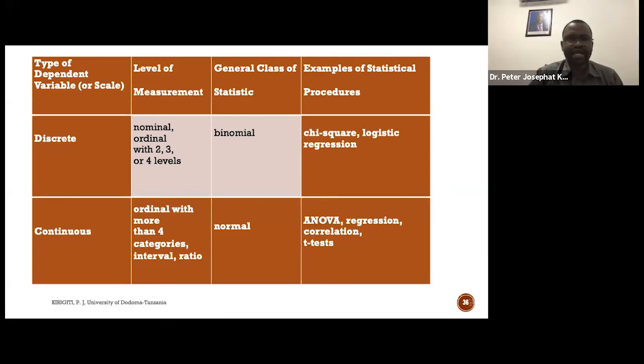So I'm finalizing, I have 1 minute. As you can see here, this is a summary and the importance of the nature of the data when we are planning for the survey analysis. We have chi-square, logistic regression. We have a continuous variable. You can opt for this one, you can opt for the Poisson distribution or whatever.